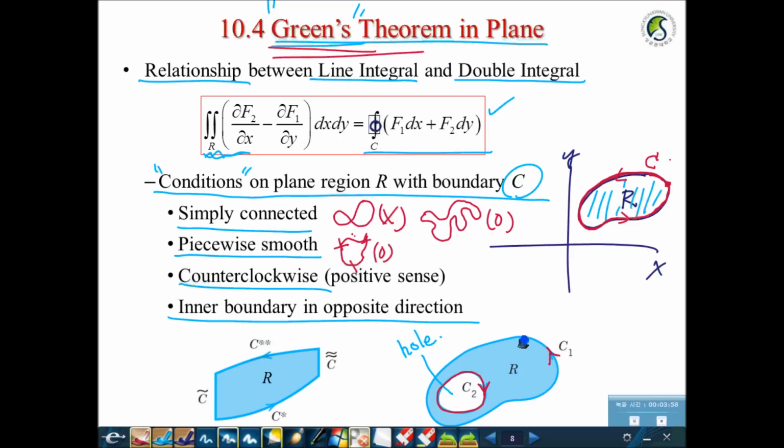The outer boundary has counterclockwise direction, that's the positive sense, and then this has to be clockwise, the opposite direction. Those are the four conditions. If those conditions are met, then you can use Green's theorem.